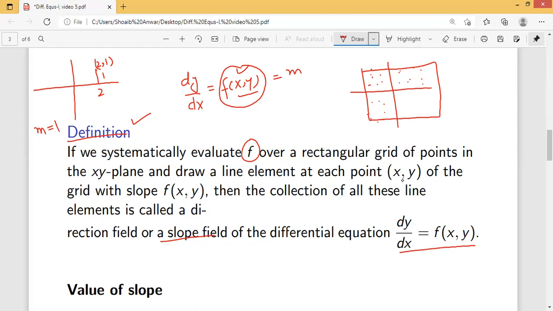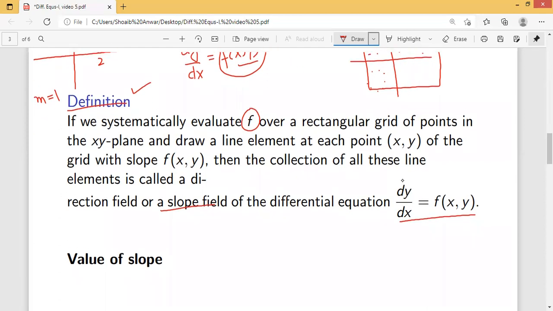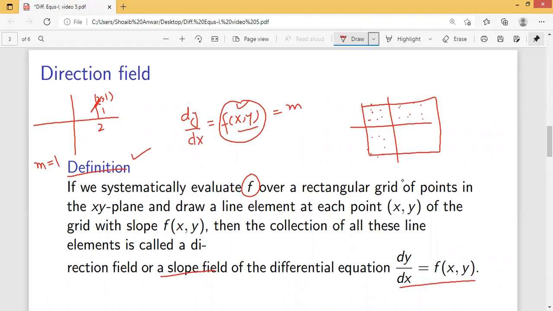So we draw here a line with slope 1, like that.